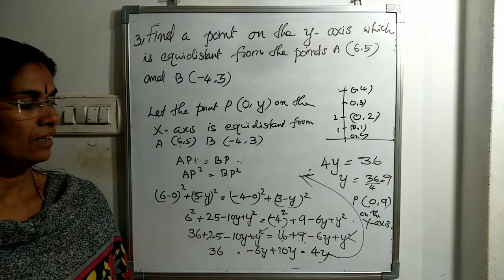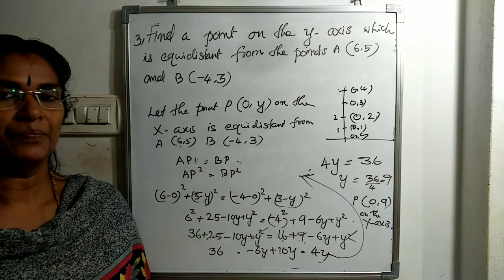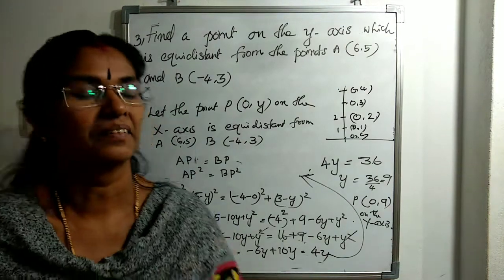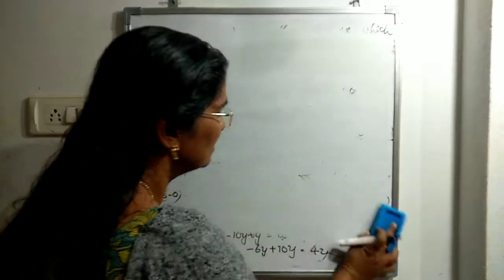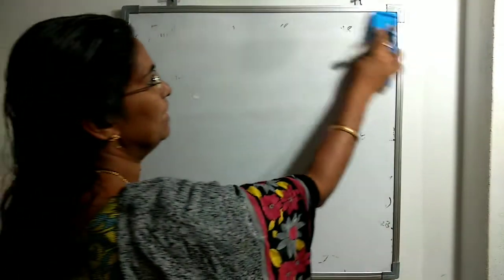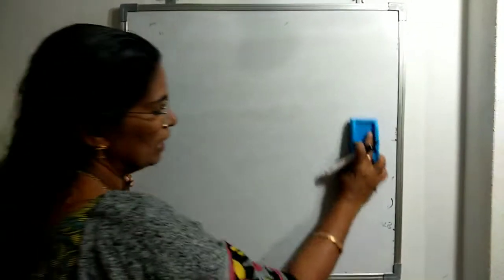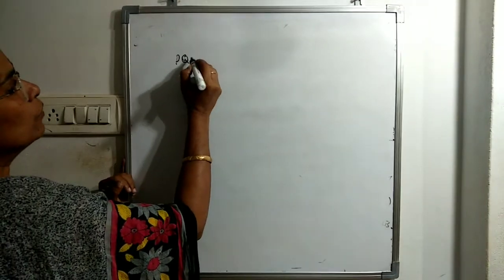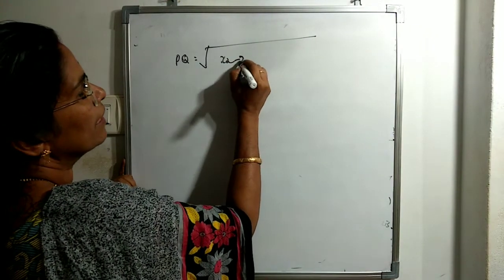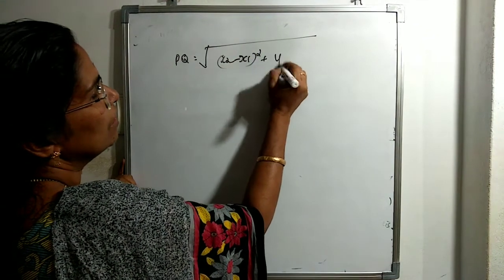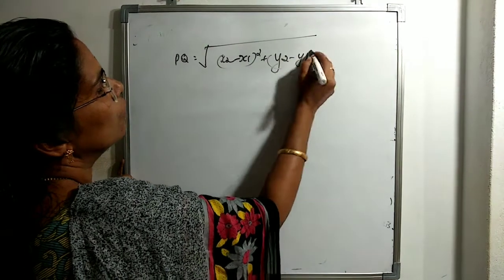Okay. I wanted to explain one more, but no need. So what did we learn today? We learned the distance formula. What is the distance formula? PQ is equal to square root of (x2 minus x1) whole square plus (y2 minus y1) whole square.